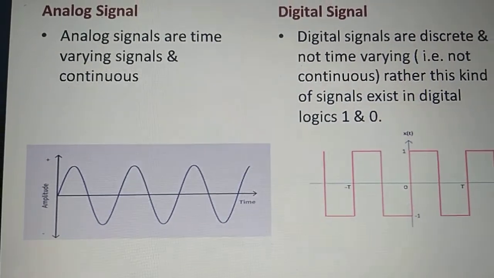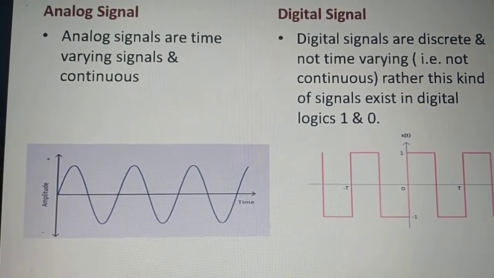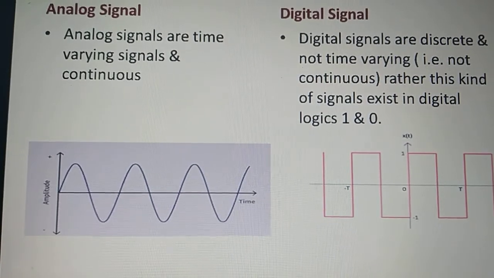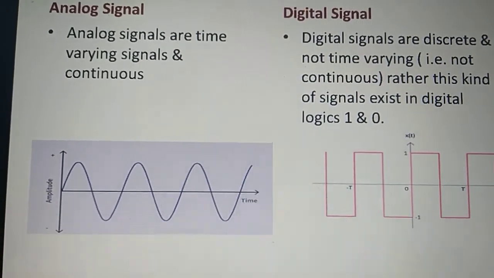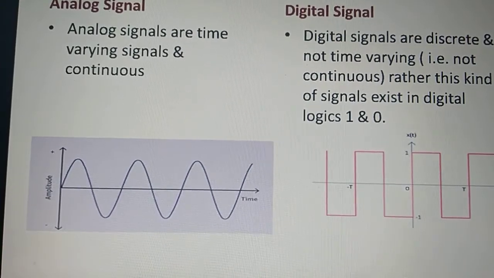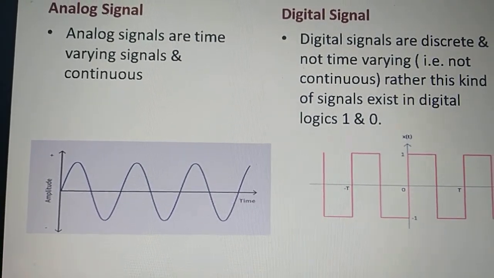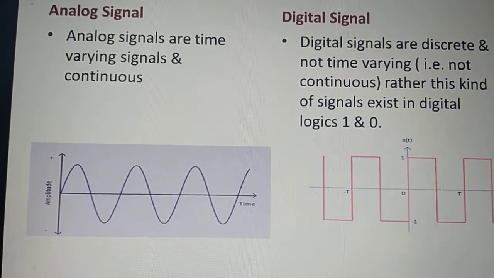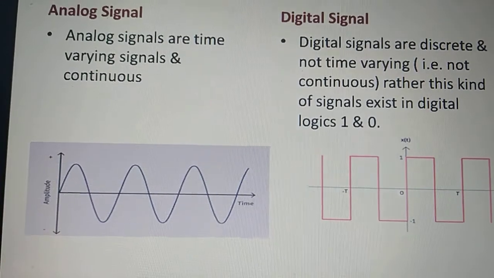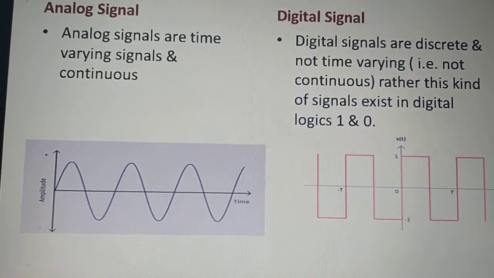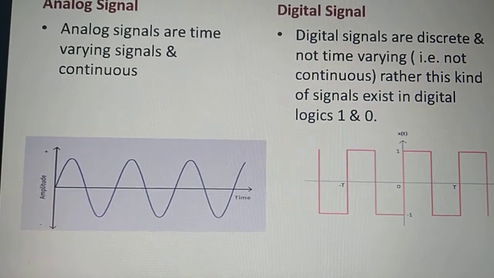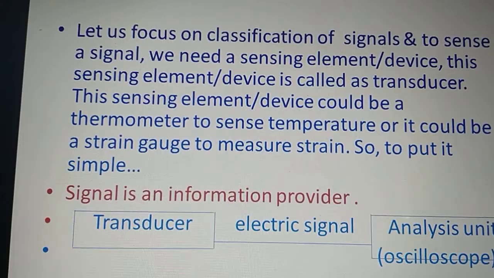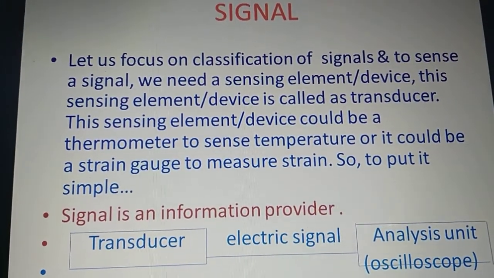You can see here on the screen, this is a sine wave, and this sine wave varies with time, having its amplitude A, whereas the digital signal is a signal which is discrete, and these signals do not vary continuously with time. Rather, these signals exist in the form of digital logic, that is 1 and 0. These things we have studied already in the last video.